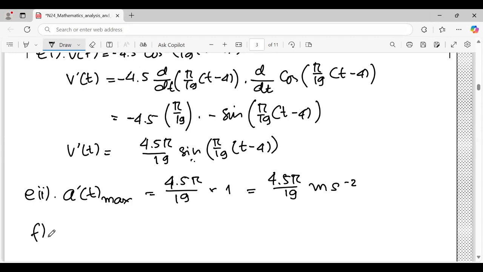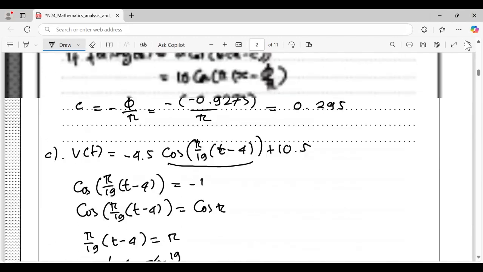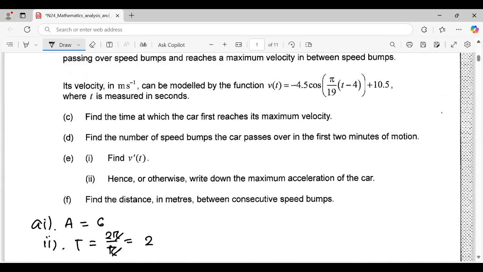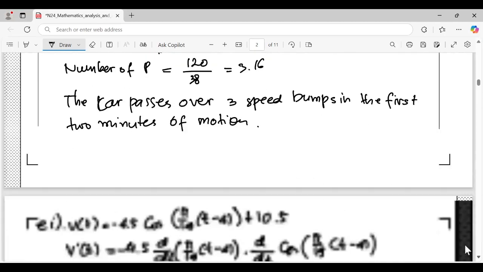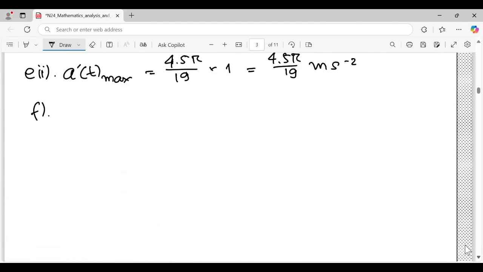Next, F. The question is: find the distance, in meters, between consecutive speed bumps. First, we need to find the maximum velocity. The maximum velocity occurs when the cosine expression is equal to -1.